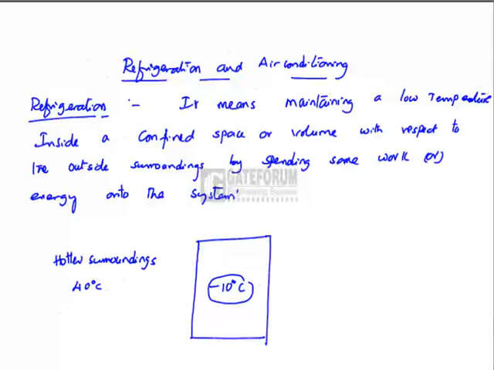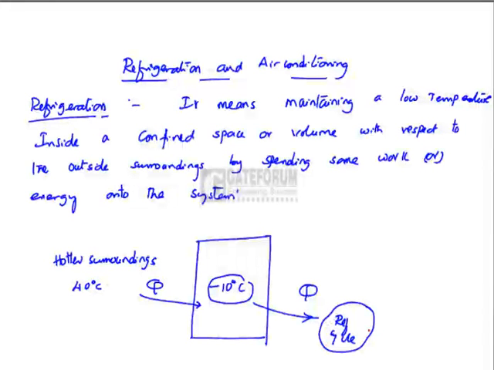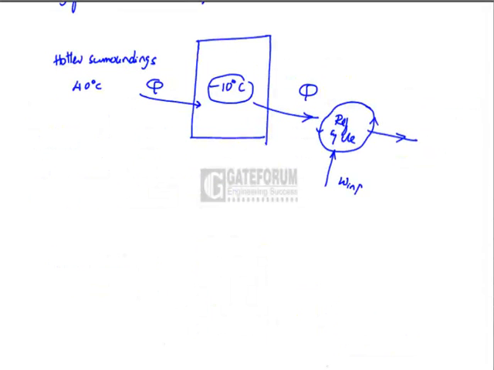Because of this temperature difference between the hotter surroundings and the confined space, heat will naturally transfer inside through the walls of the container. Whatever heat is flowing inside, if we can take it out by a refrigeration cycle, by spending some work on the system, it is called refrigeration.